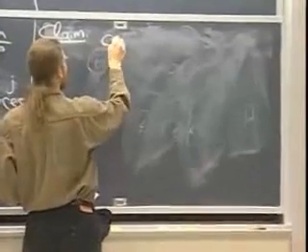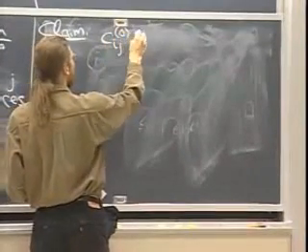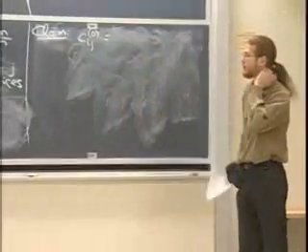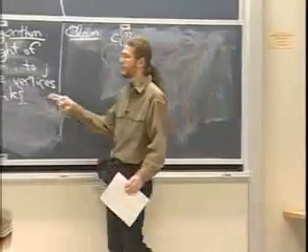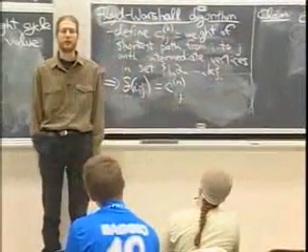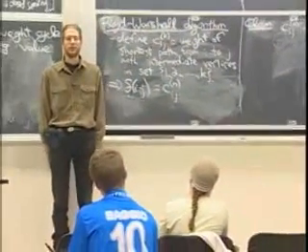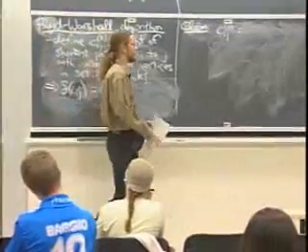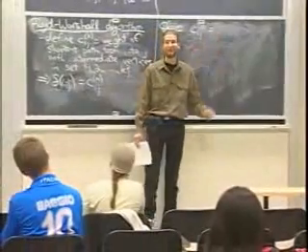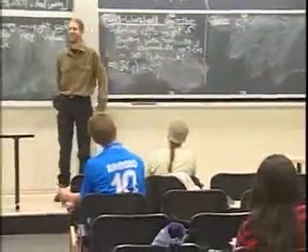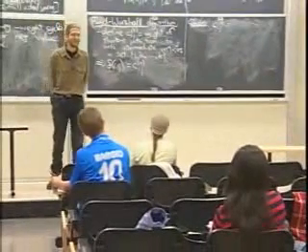If we want to compute Cij superscript 0, what is it? Superscript 0 means I really shouldn't use any intermediate vertices. So this has a very simple answer, a 3-letter answer. So it's not 0. It's 4 letters. What's that?